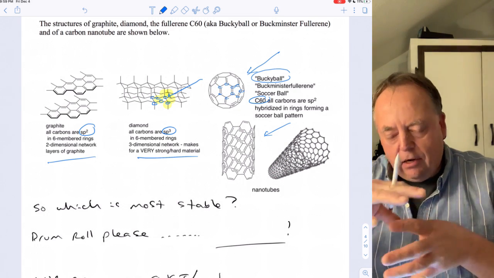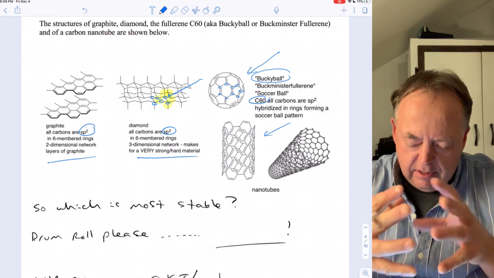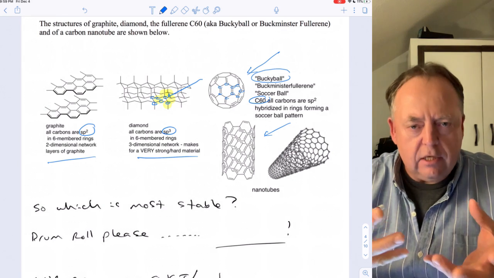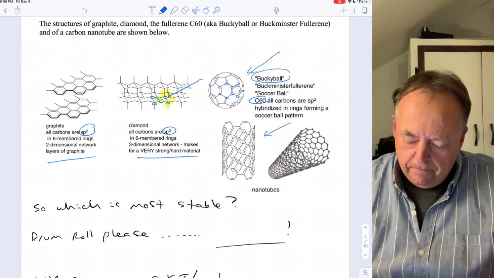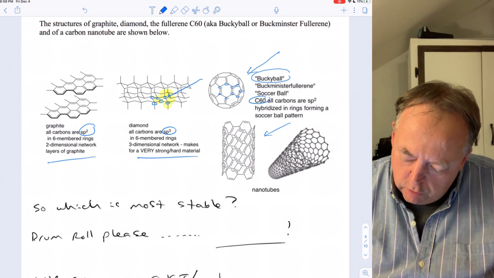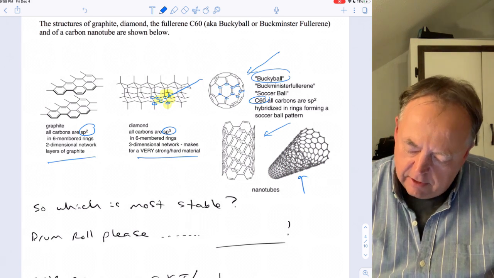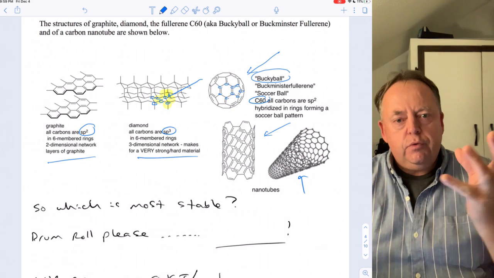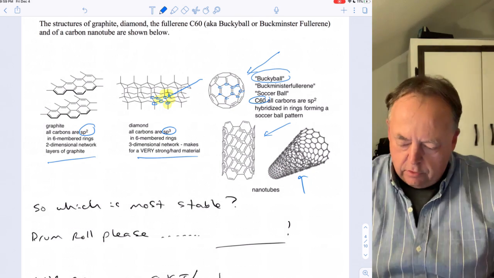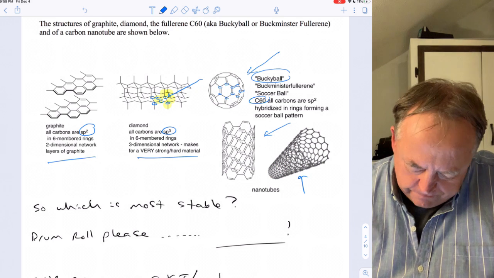So you have this pattern of 6 and 5-membered rings interconnected to each other. It kind of forms a soccer ball pattern, but all of the carbon atoms are in a sphere. Or you can have them in a tube, like depicted here, with those rings all fused to each other to make a tube. Those are what are called nanotubes.